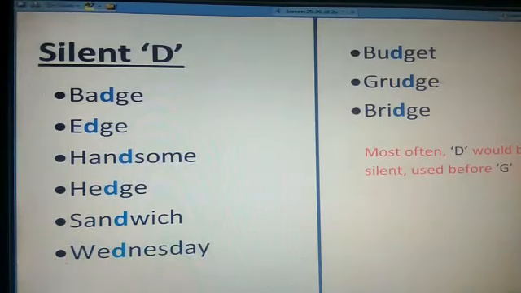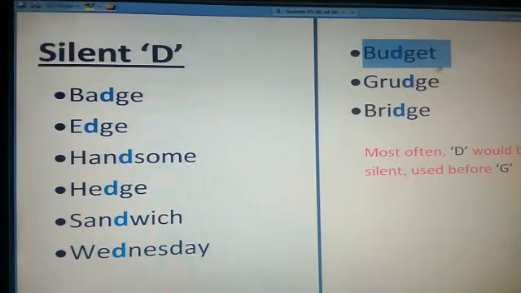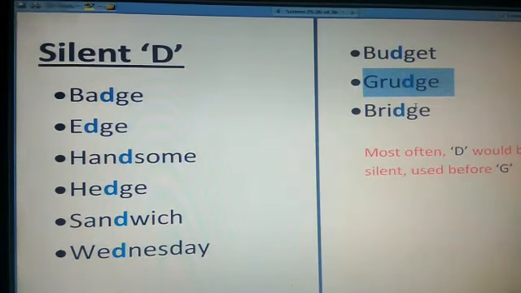Wednesday is a day's name. Many people pronounce it very wrong. We do not pronounce the D. We pronounce it Wednesday. Right. Budget. Grudge. Bridge.